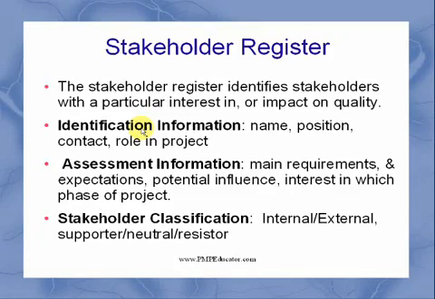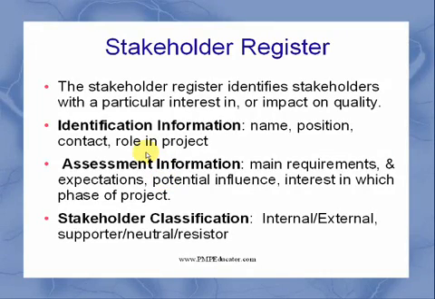The 3 basic kinds of information needed in that register are identification information, assessment information, and stakeholder classification. Think about it: if you have a stakeholder, you want to have a whole picture of that stakeholder.